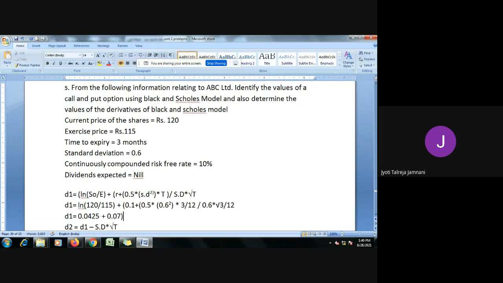This is the numerator, divided by square root of 3 divided by 12 into 0.6. 0.0425 plus 0.07 divided by 0.3. 0.375 you get as the value of D1.